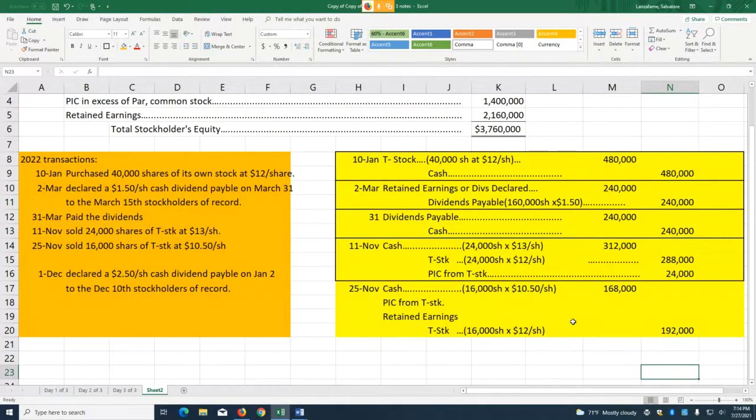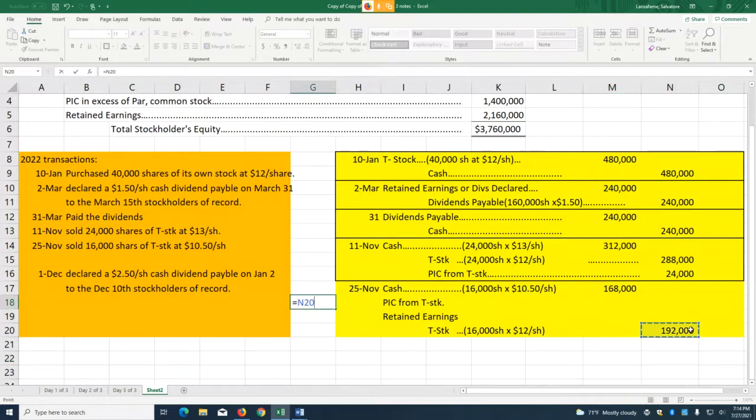Okay, so look at what we have here. We've got a debit of 168. I've got a credit of 192. So if we do that subtraction real quick, let me do it over here. 192 minus 168, that's a $24,000 difference.